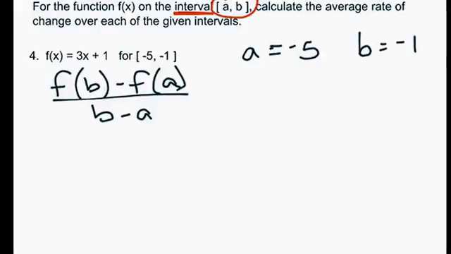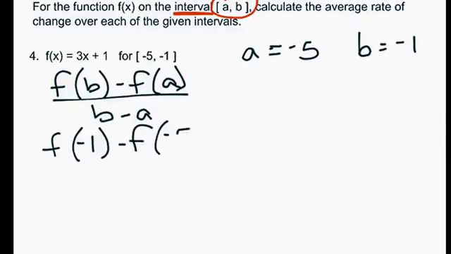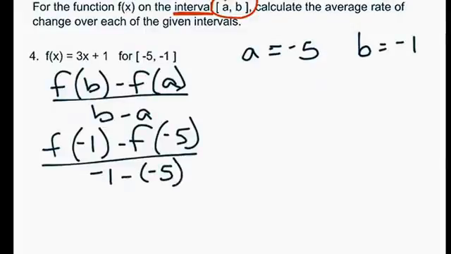Okay? So I'm going to go ahead and substitute, step number 1 from before. I'm going to substitute in my a and b values. So f of negative 1 minus f of negative 5 divided by negative 1 minus negative 5. So here we just substituted. From here to here, we substituted x values.